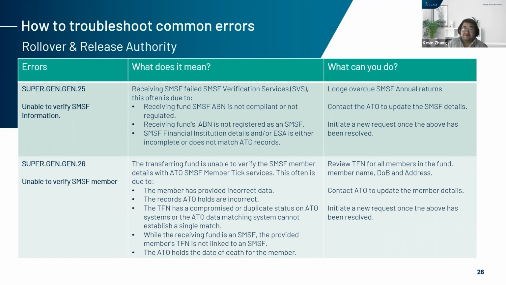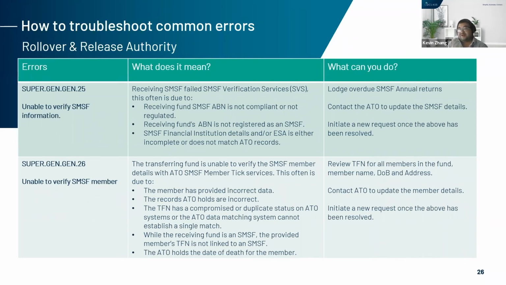Or the actual ABN was entered incorrectly, and we see sometimes clients enter the ABN of the company trustee instead of the ABN of the SMSF. And third, and the most common one, is the financial institution's bank account that they entered was not correct, or the bank account was used for income tax and GST activity statement purposes, but they forgot to update it for SuperStream purposes, i.e. receiving rollovers and contributions, or the electronic service address is incorrect.